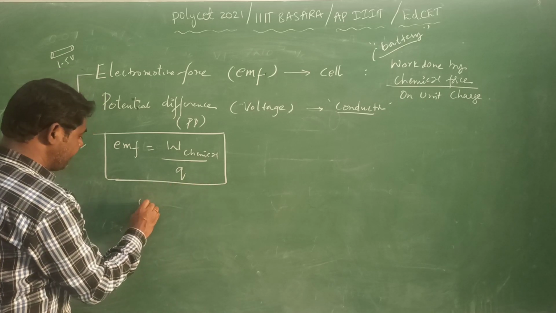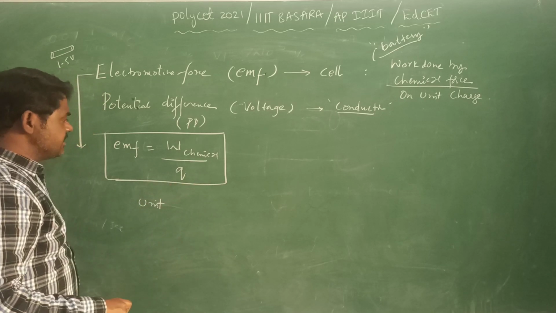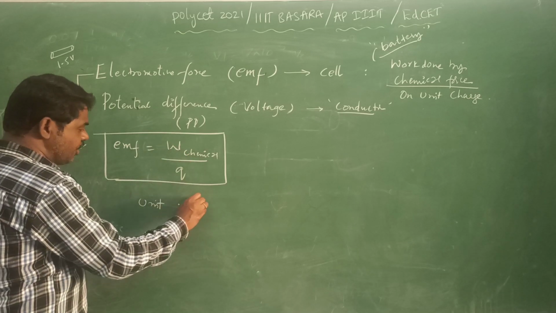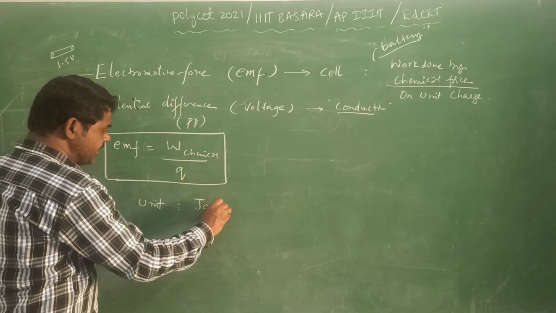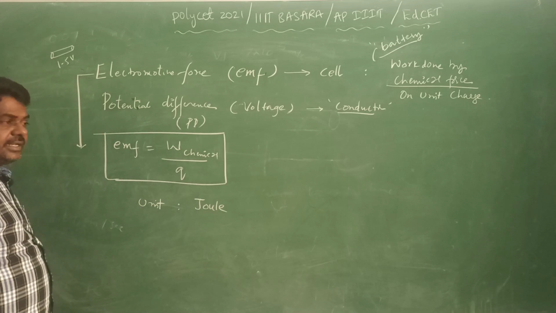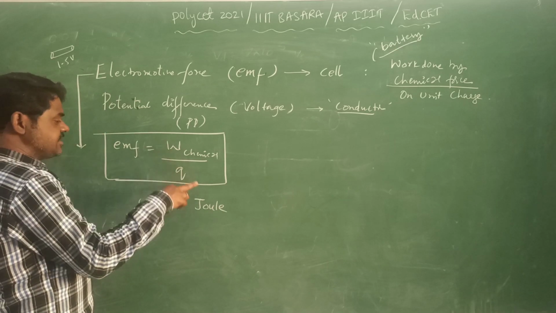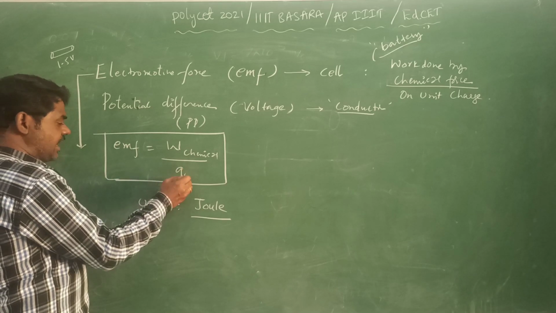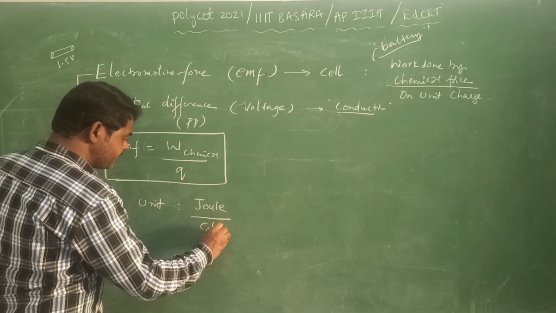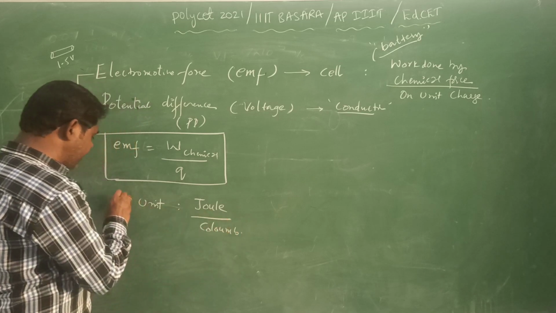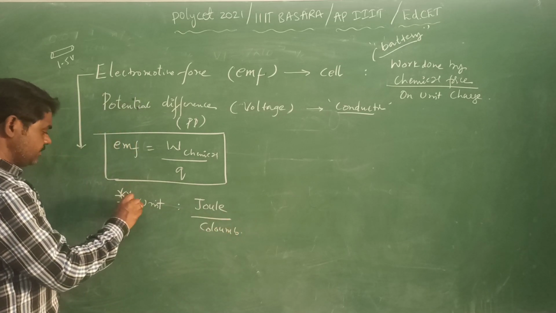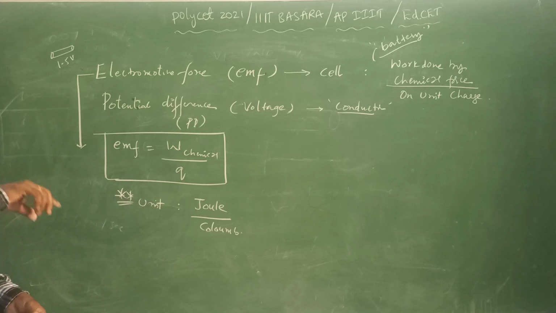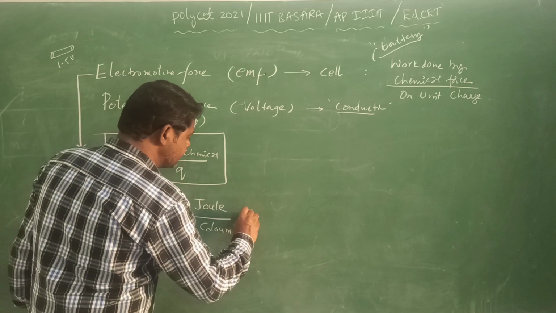Coming to unit. Okay, so what is the unit? Work done. Already you know work done is measured in joules. In SI system the unit for work is joule. In 9th class it is there. Unit for work is joule, and already we know unit for charge is coulomb. This is most important. So unit is joule by coulomb, and this joule by coulomb is known as volt.